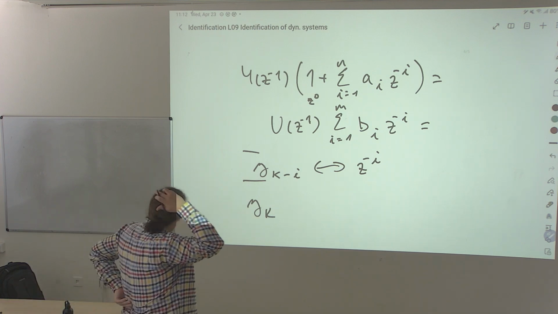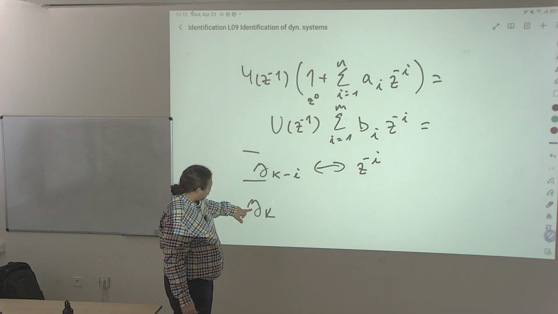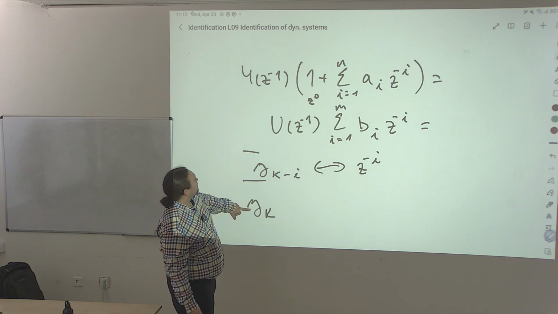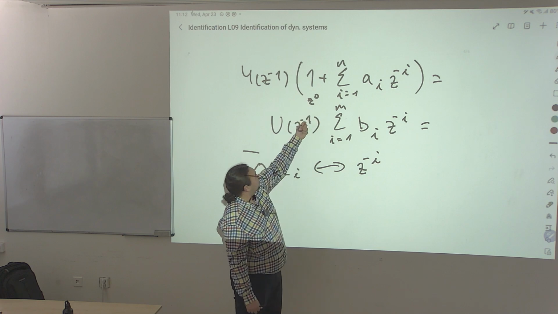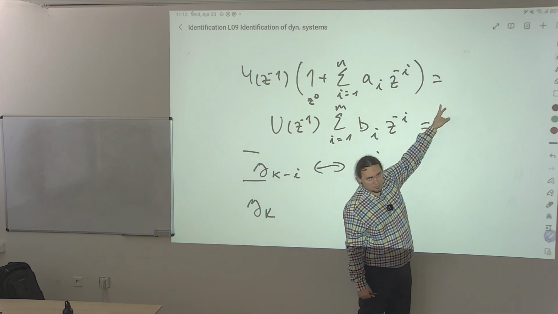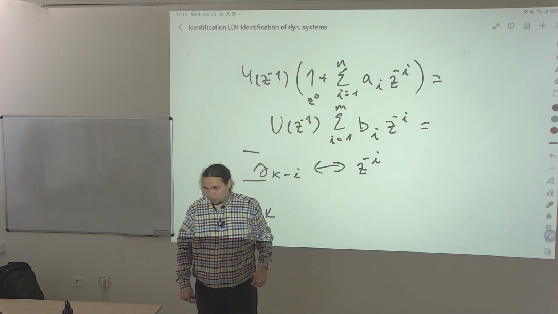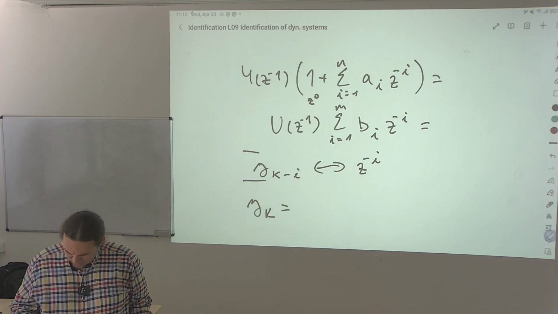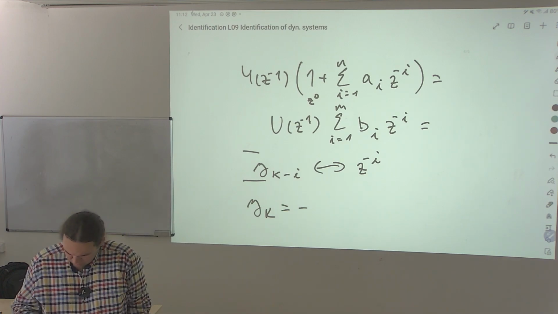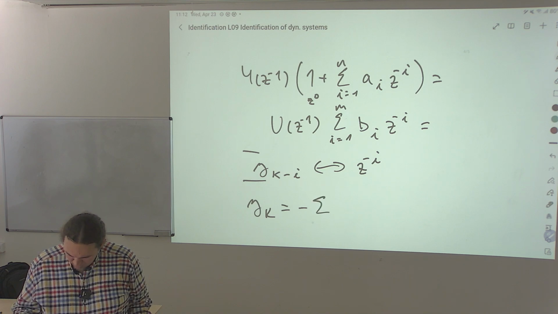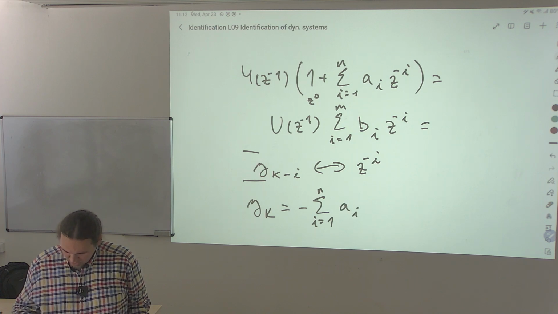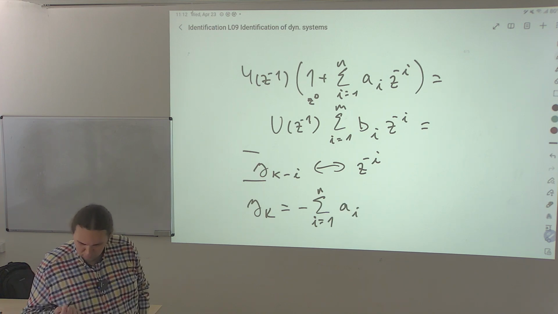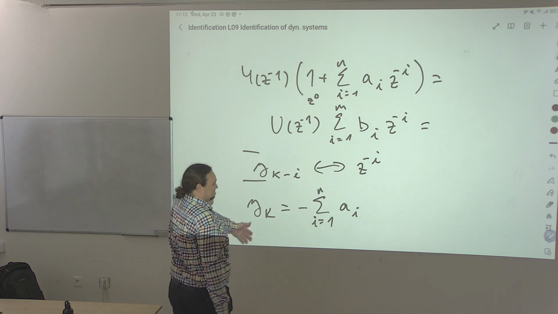Since we can later build our prediction equation, let's keep this one on the left-hand side of our equation and put the rest on the right-hand side. So we have here minus, and we can just live with the sum. This z transform is very nice that it's done so easily. No-brainer.